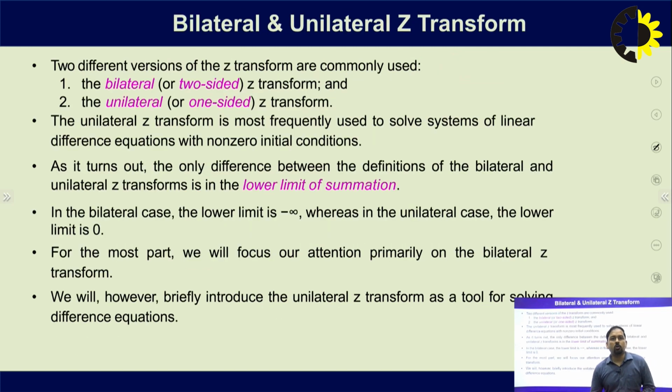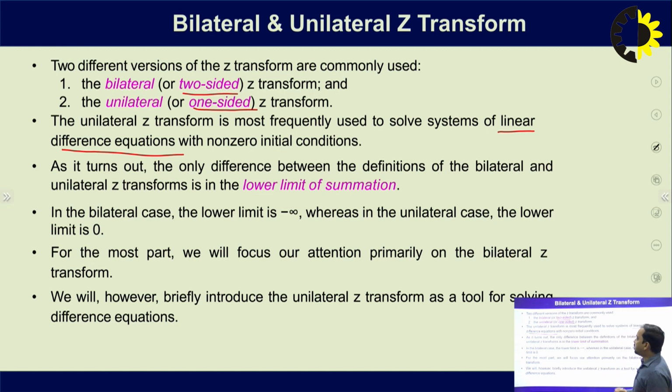Now we'll talk about the difference between the bilateral and the unilateral Z transform. Bilateral means both sided or two sided, whereas unilateral means only one sided. The unilateral transform is used in solving linear difference equations with non-zero initial conditions.